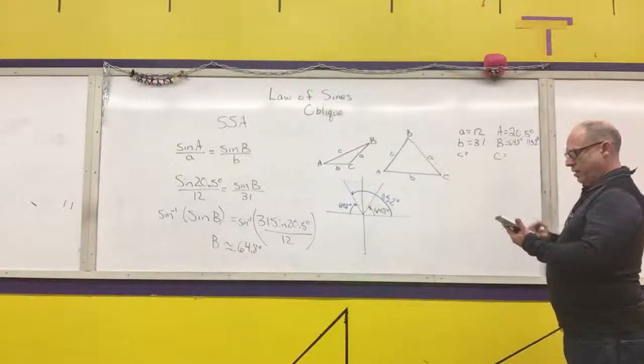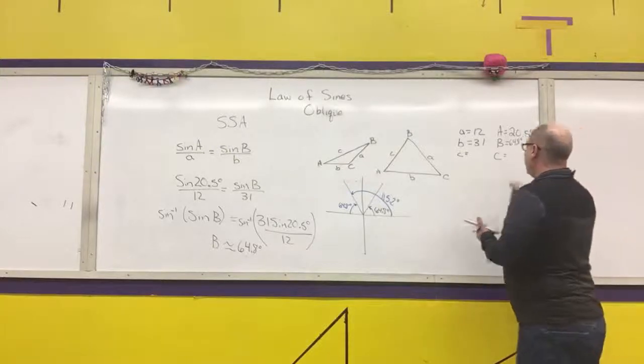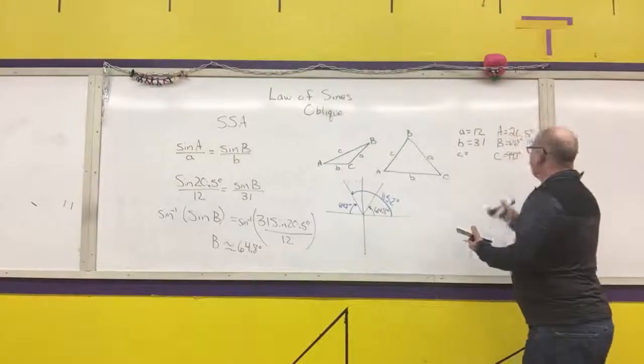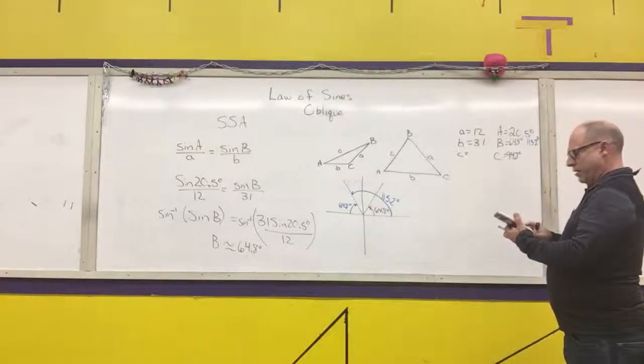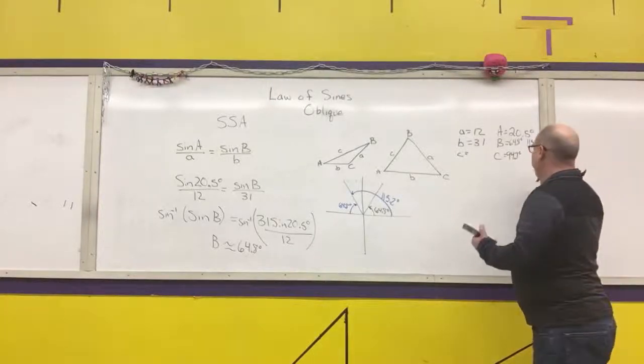So 180 minus 20.5 minus 64.8 is, C could either be 94.7 degrees or 180 minus 20.5 minus 115.2, or it can be 44.3 degrees.